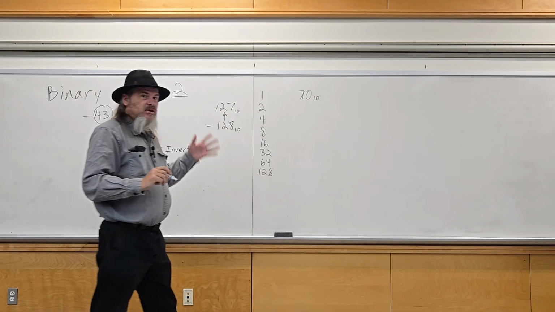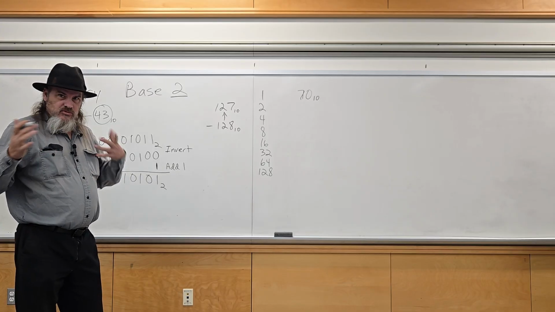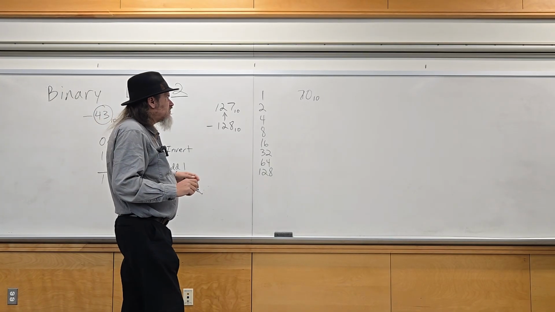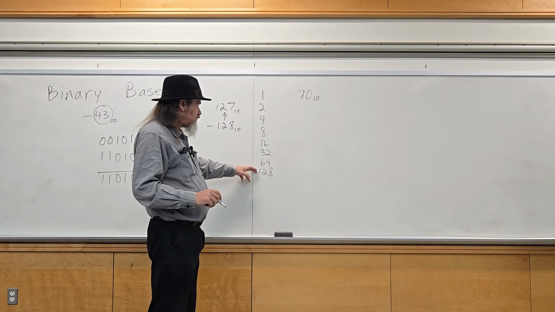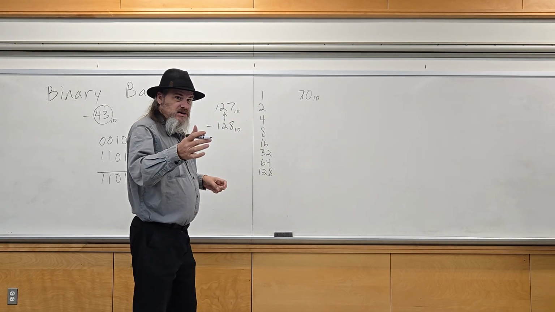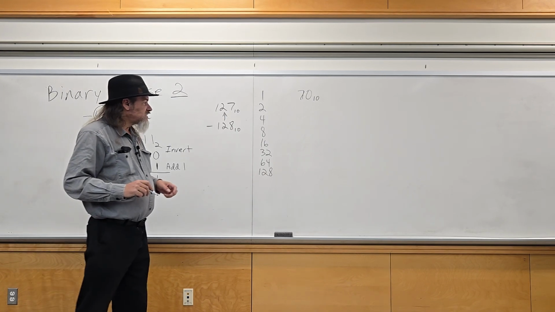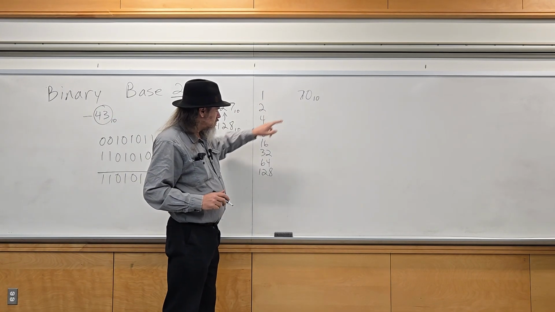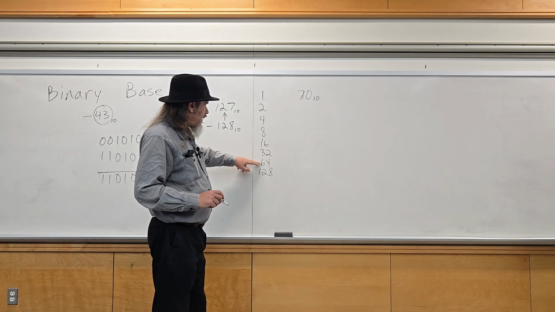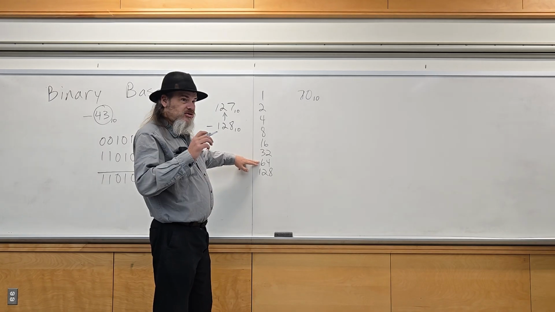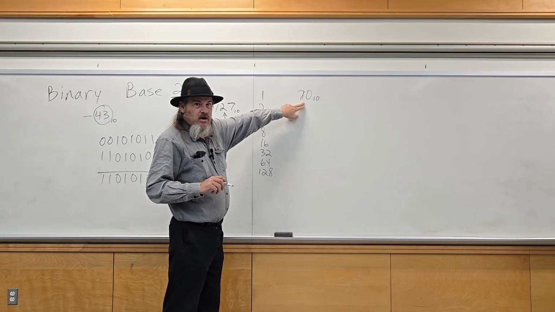Okay. To convert that to binary, the easiest way to do it by hand, in my opinion, is to have your powers of 2, the value of each position in the bit field, the string of bits, and find the largest power of 2 that you can subtract from your number.